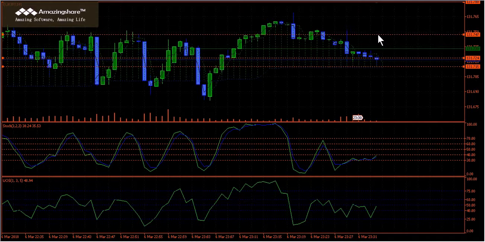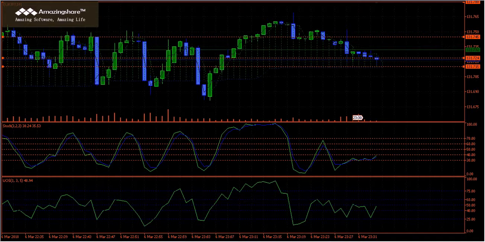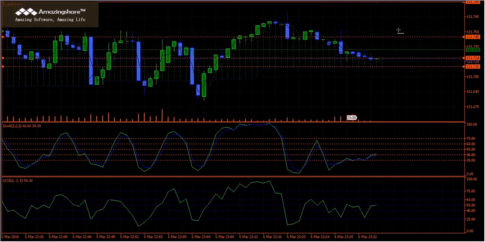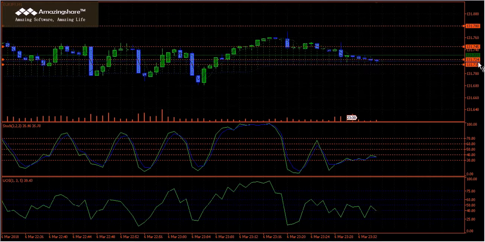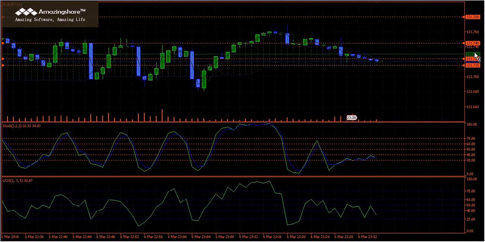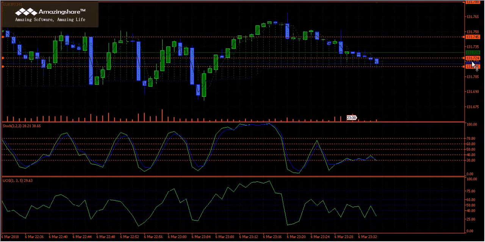First stop would be 174.5, and have a target initially on this trade, looking for a quick move up towards 131.78 hopefully.